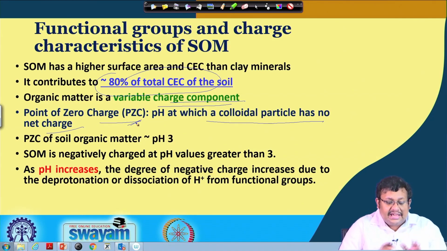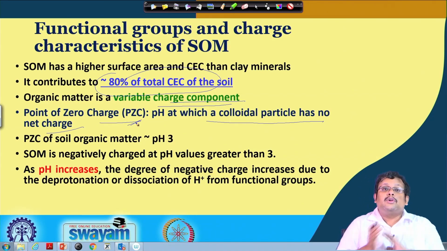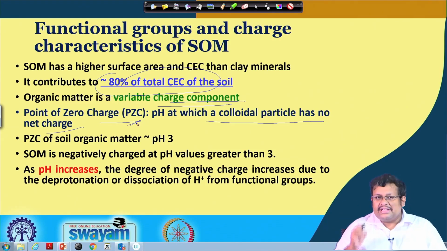Remember that as pH increases, the degree of negative charge increases due to the deprotonation or dissociation of H plus from the functional groups. We have already seen that as the pH increases, the deprotonation occurs from the carboxylic group, from the phenolic group which are present in the organic matter, and as a result the negative charge increases, and as the negative charge increases, also the cation exchange capacity increases.